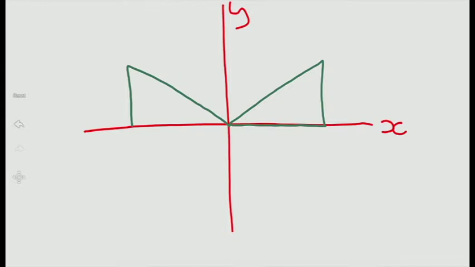So we have a corresponding angle for every angle in the first quadrant. We have a corresponding angle in the second quadrant. The same applies on the third quadrant and on the fourth quadrant.